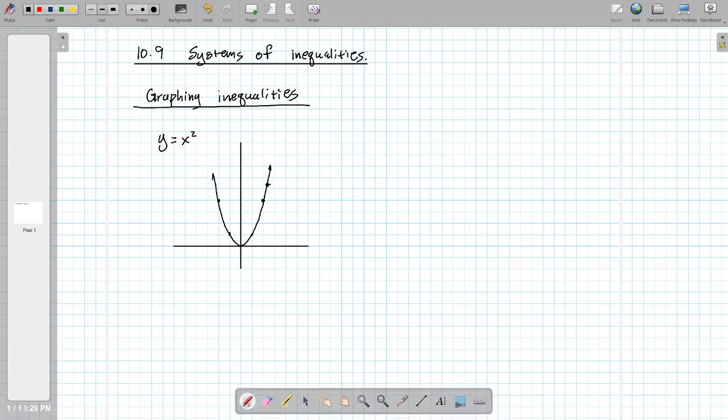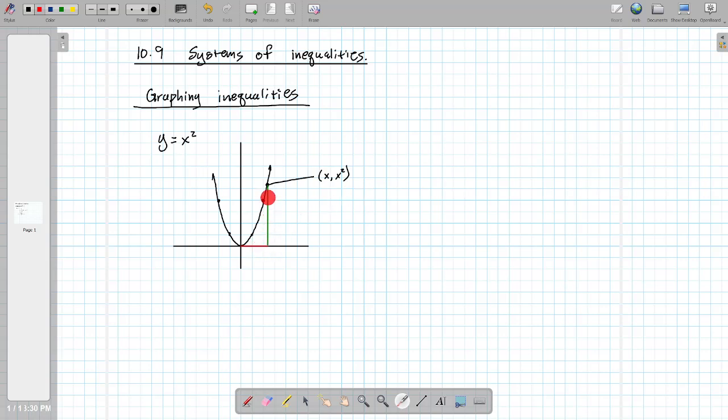Every single point on this graph has the form x, x squared. I draw a vertical line here. Then x is the distance from the y-axis to this vertical line. That's what x is. In the x location, that's how far horizontally we move.